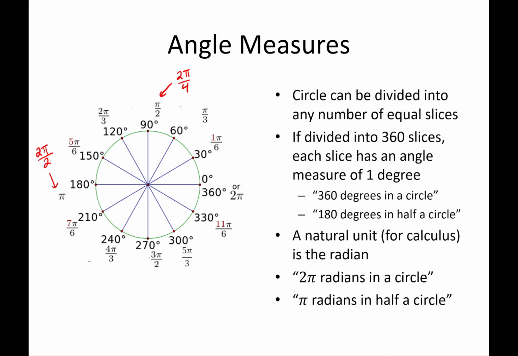That gives us our pi. And if we want 3/4 of a circle, so 3 over 4 times 2 pi, that's going to give us our 3 pi over 2 after simplifying.